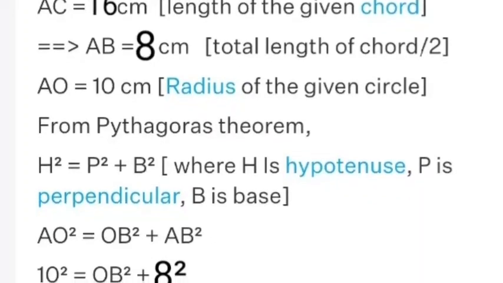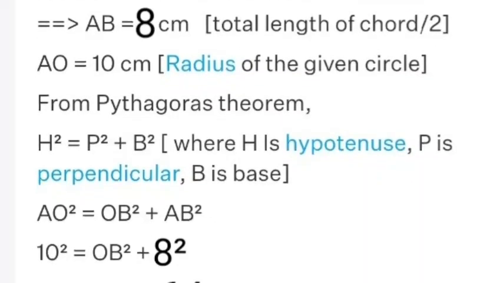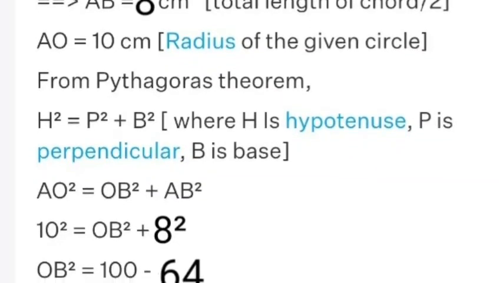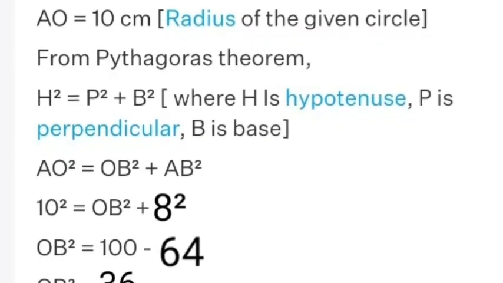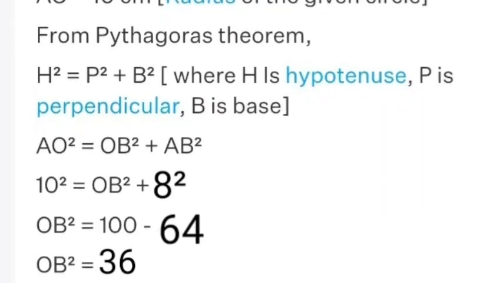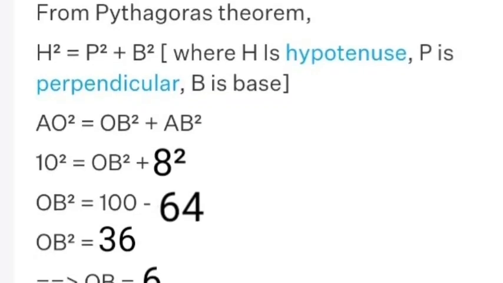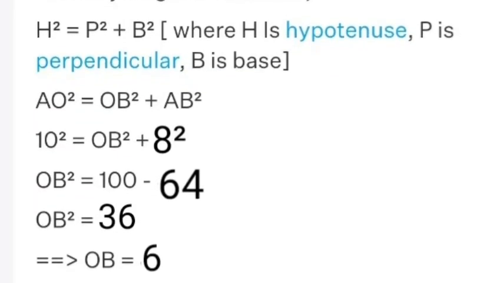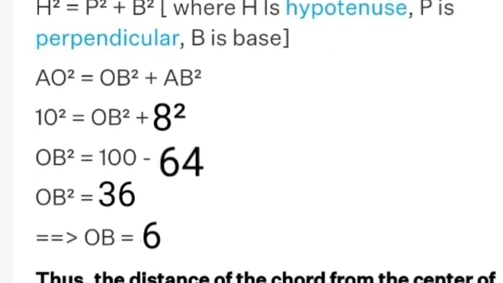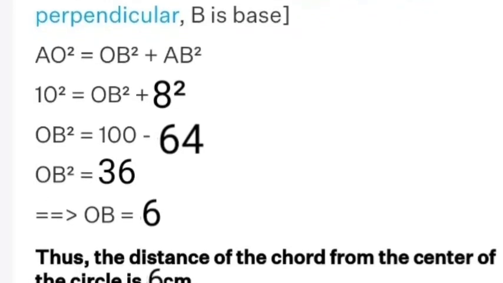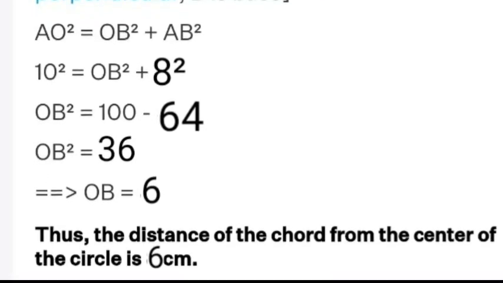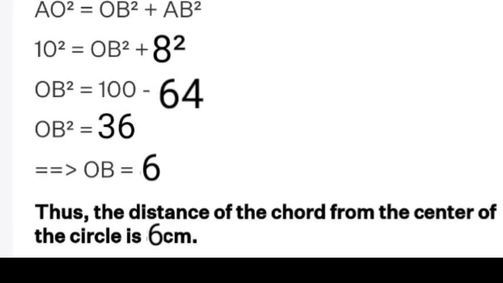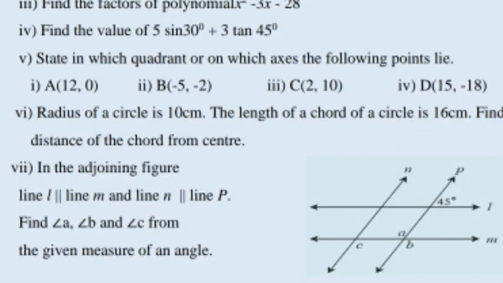Hence, AO square is equal to OB square plus AB square. Hence, after putting the values in this equation, you will get that OB square is equal to 36, hence OB is equal to 6. Thus answer is, the distance of the chord from the center of the circle is 6 centimeter.